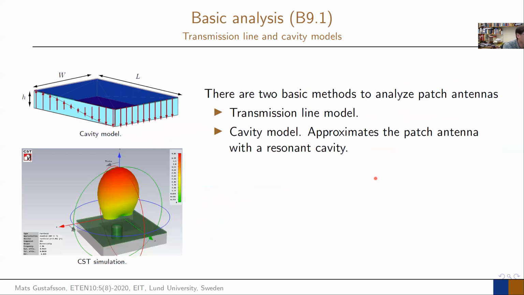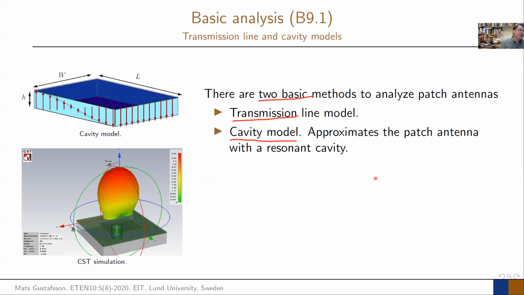And now we need to understand our patch antenna. So we need to analyze what is happening with the patch antenna. As we did with the dipole, we will figure out some simple models and actually show that they work well and that we understand those models. The two most common models are called the transmission line model and the cavity model.